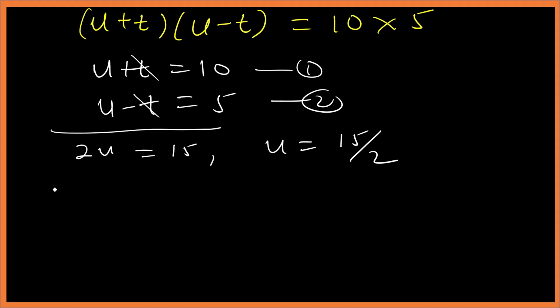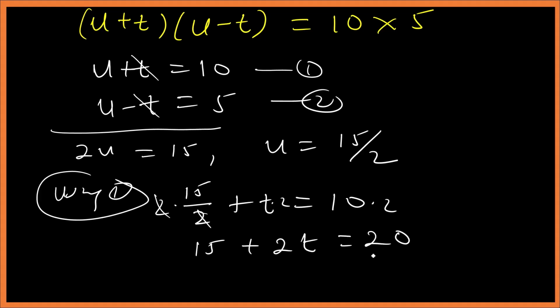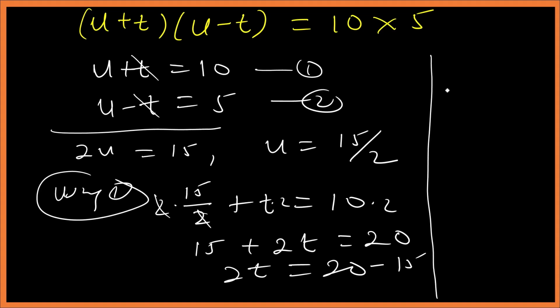Using equation 1, let's plug in u, that is 15 on 2 plus t equals 10. Multiplying by 2, 15 plus 2t equals 20. So 2t is 20 minus 15, which is 5. So 2t equals 5. t is 5 on 2.